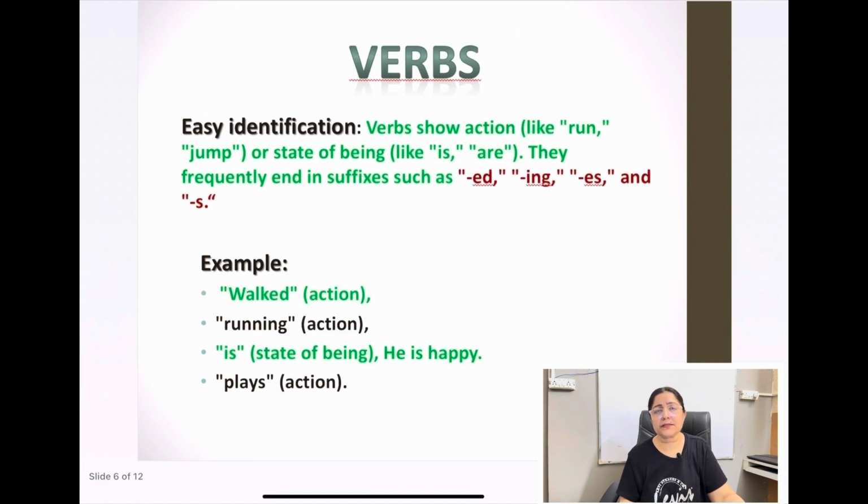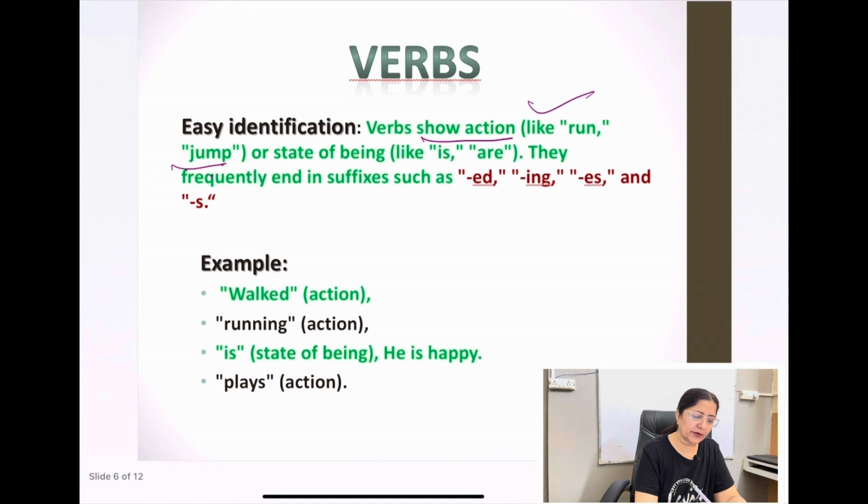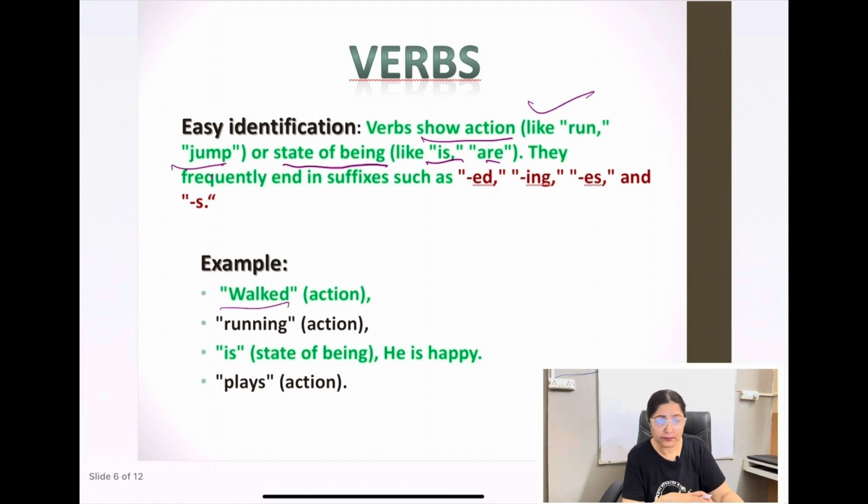Now a verb is a state of an action. It shows action, like you run, you jump. So you are showing any action, so that is an action. Or a state of being, like is or are. How will we use that? Let's see. Action would be: he walked, past tense; he is running, present action.